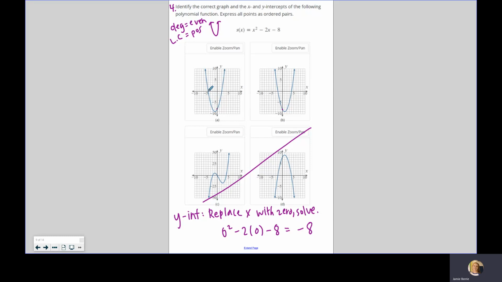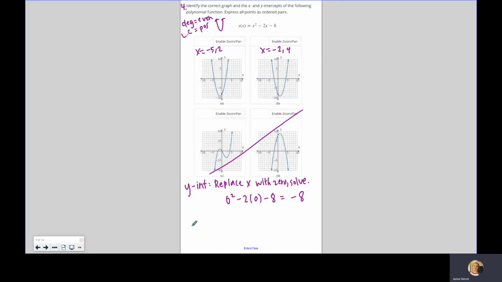This x-intercept over here is negative 5 and then 2. So the x-intercepts are negative 5 and 2. And here the x-intercepts are negative 2 and 4. All right, so we need to find the x-intercepts.